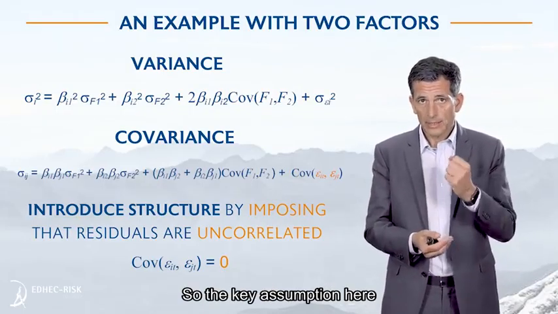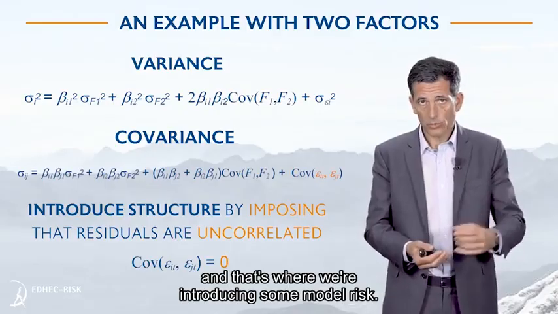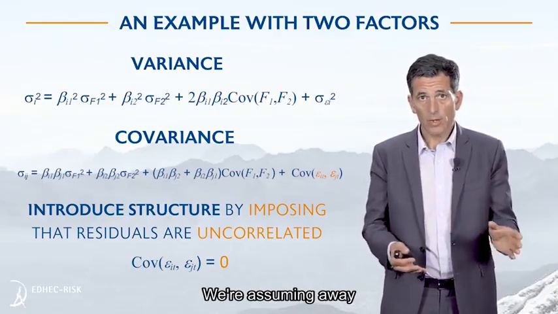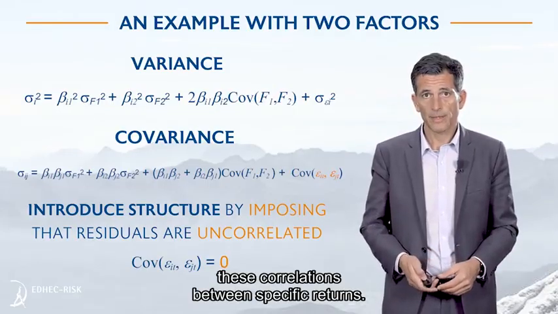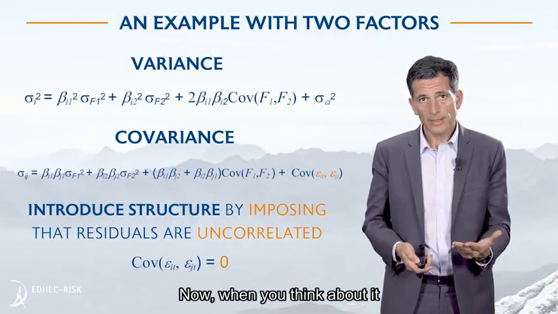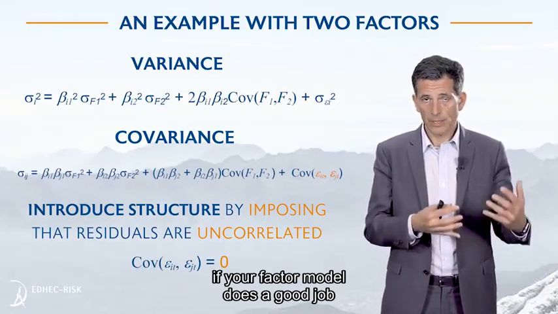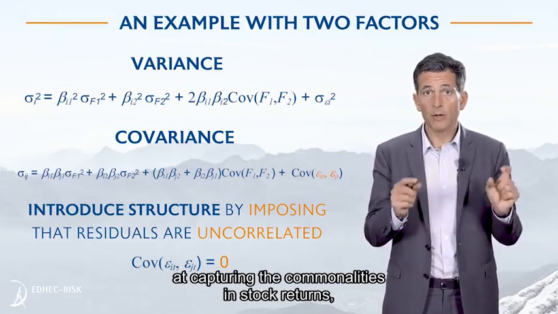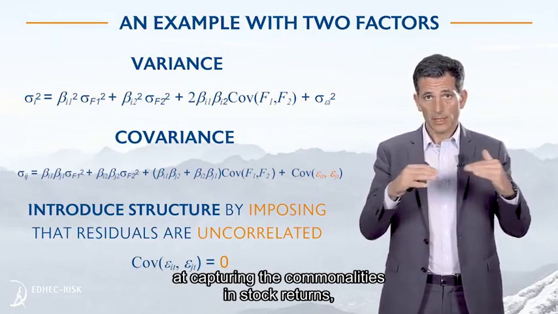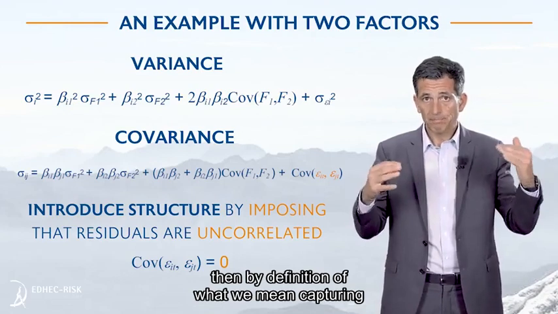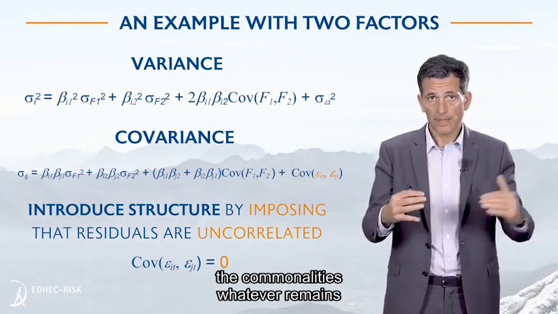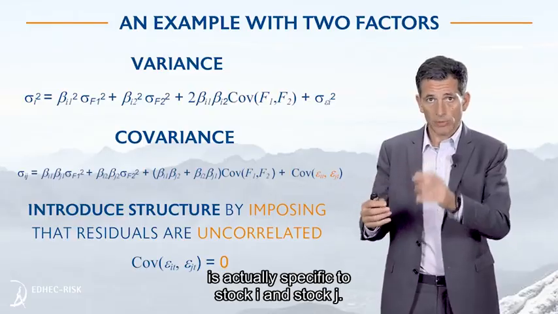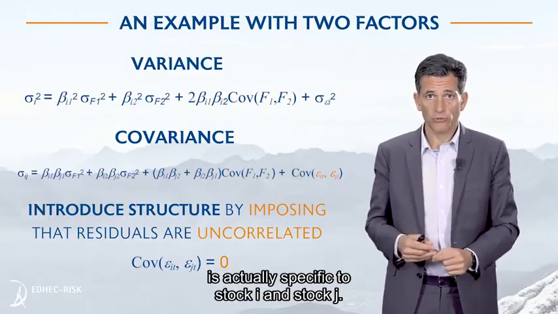So the key assumption here, and that's where we're introducing some kind of model risk, is that we're assuming away this correlation between specific returns. Now, when you think about it, if your factor model does a good job at capturing the commonalities in stock returns, then by definition, whatever remains is actually specific to stock i and stock j.